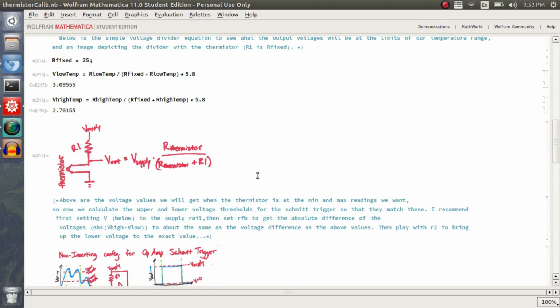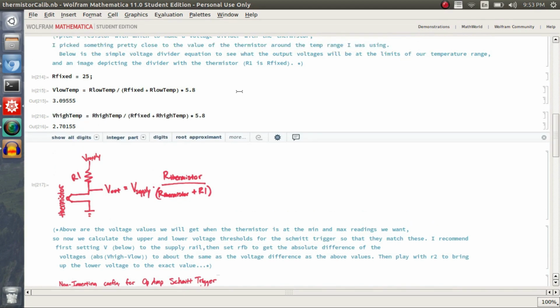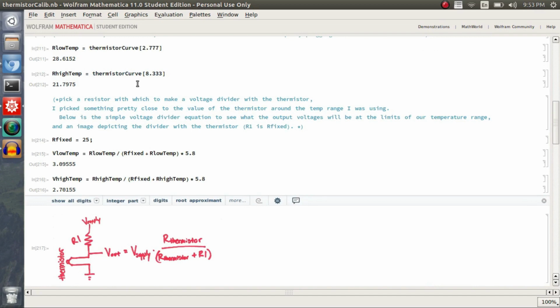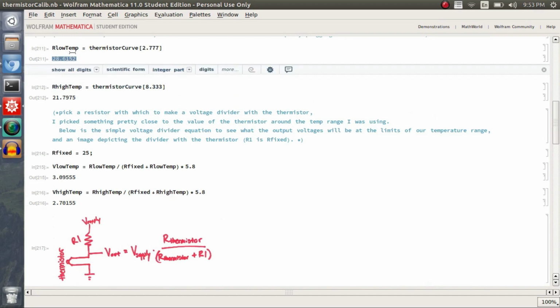Okay. And then for the fixed resistance, you can pick this about, say, the room temperature value of your thermistor. And in this case, I just went with 25 kiloohms, which gave me a nice range of about 3 volts and 2.7 volts, respectively, for the different resistance values shown here. All right, so these R low and R high just went into these guys here.